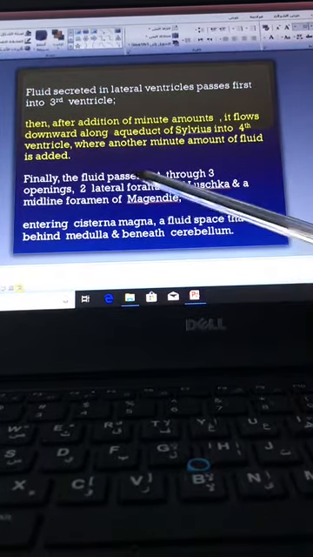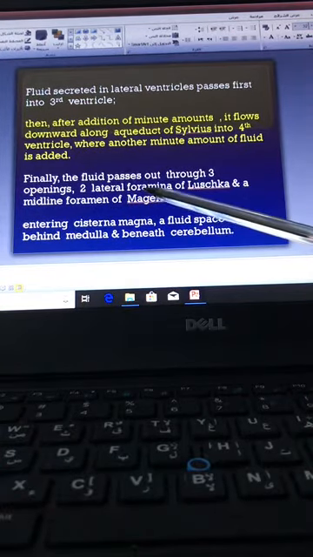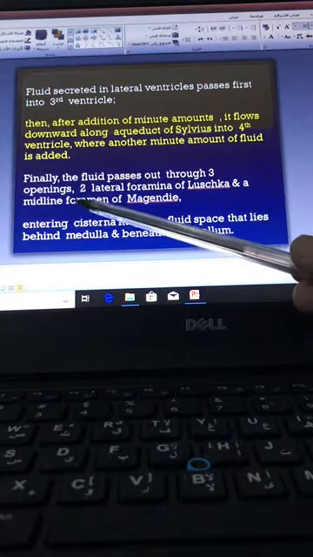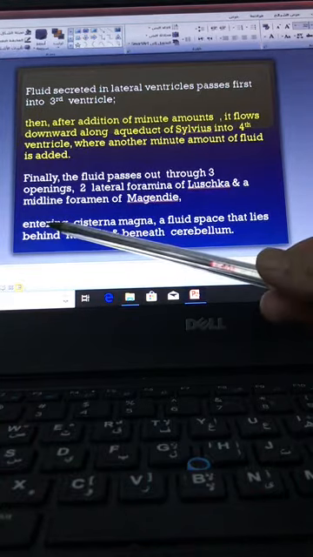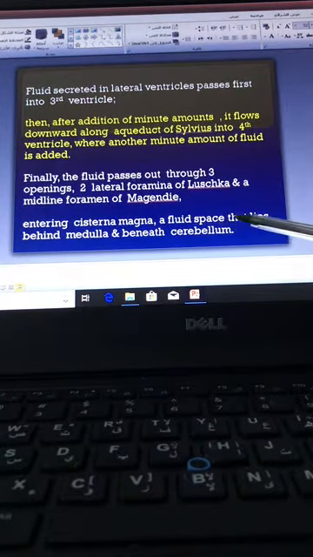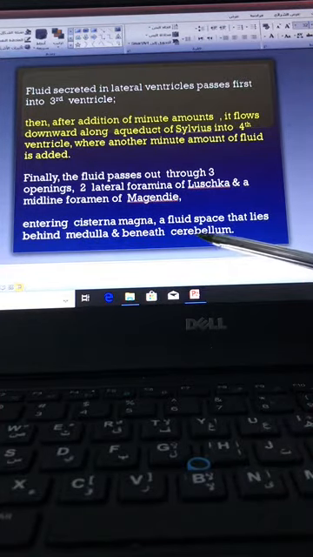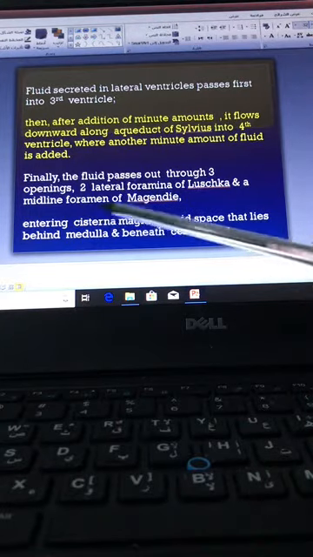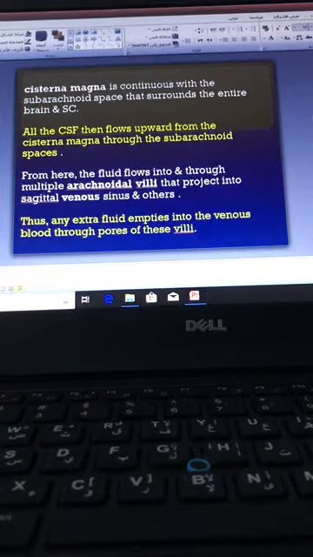Finally, the fluid passes out through 3 openings, 2 lateral foramina of Luschka and 1 midline foramen of Magendie, entering cisterna magna, a fluid space that lies behind the medulla and beneath the cerebellum. بالنهاية يوصل إلى ما يسمى بالسيسترنا ماغنا، أيضا تكيسات تحتوي على CSF.